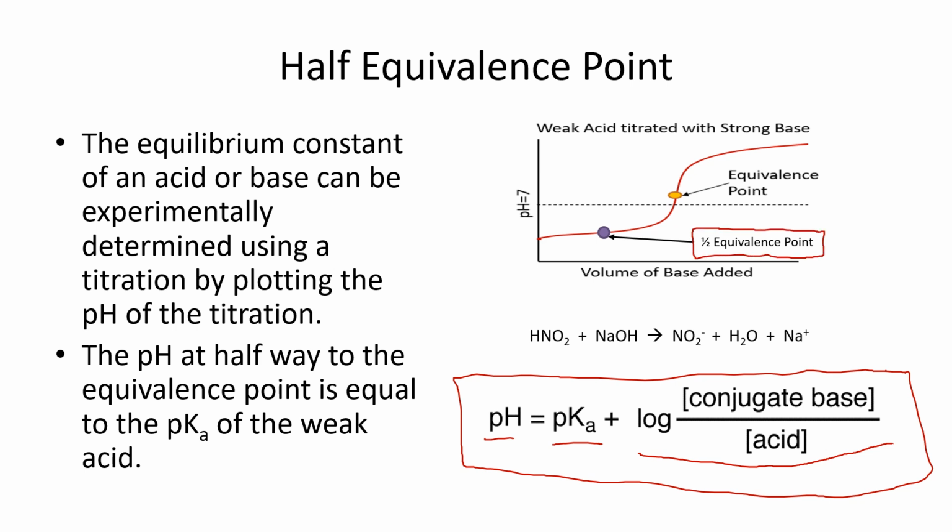So we've been engaged with the equivalence point for the past few minutes. And at halfway, that means the concentration of the base will be the same as the concentration of the acid. So you would have turned half of this into this, and so they'll have equal quantities, equal number of moles in the same volume. And what happens is that the log of those two values ends up being 0, and halfway to the equivalence point, the pH will equal the pKa, and that's an easy way to work out the equilibrium constant from a titration.